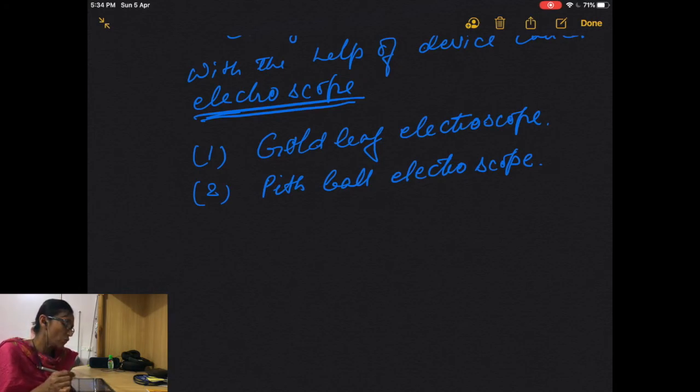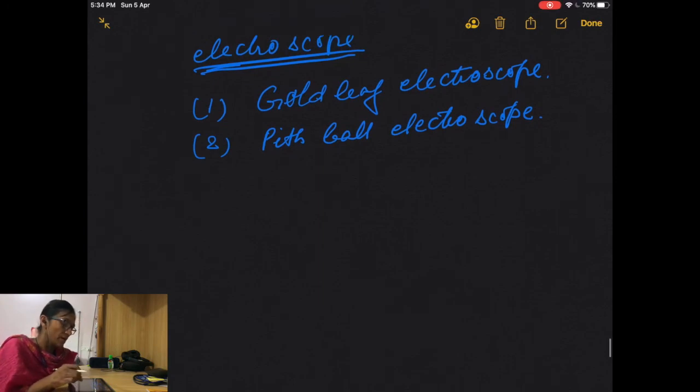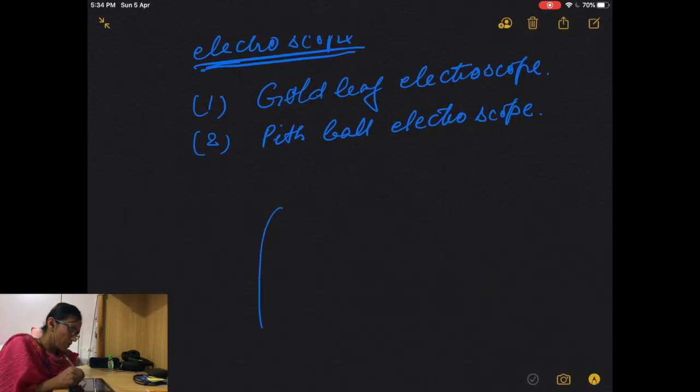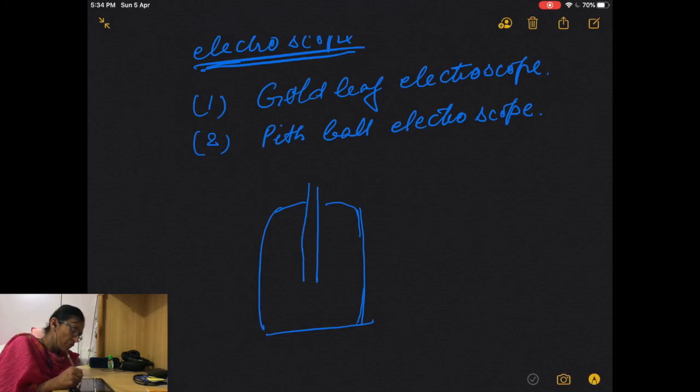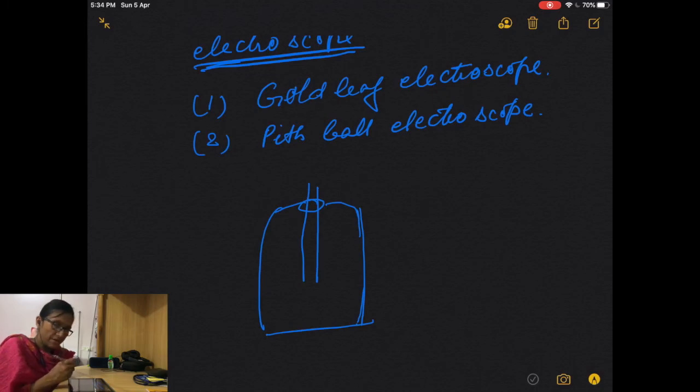A small description of the gold leaf electroscope I am giving you by drawing a schematic diagram. For a gold leaf electroscope, we take a glass jar, which is evacuated, and in the glass jar we fix a conducting rod, from which hangs a very light gold leaf at the lower end.